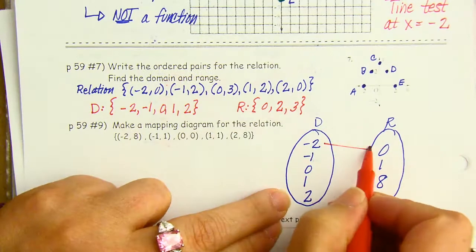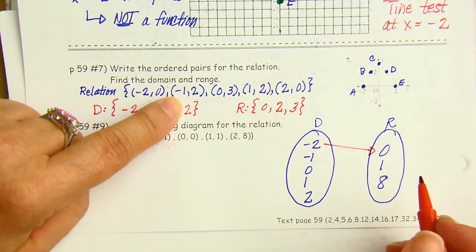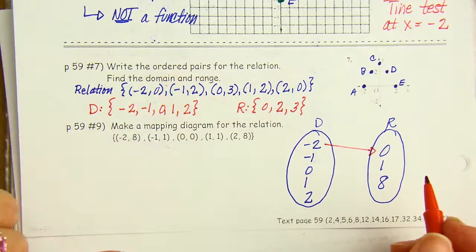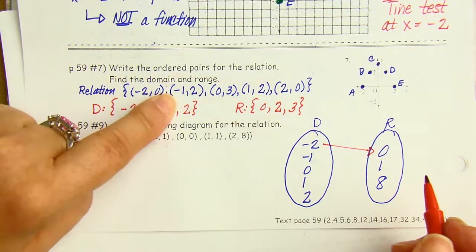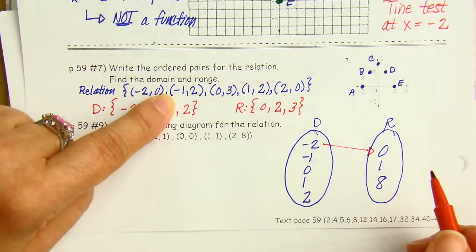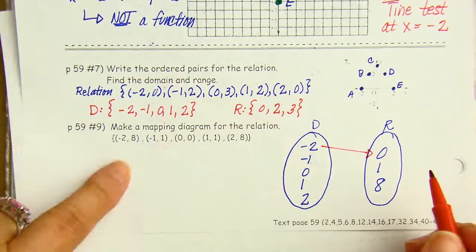-2 gets mapped to 0. -1 gets mapped to 2. Why do I not have, oh, I'm up here. So this is a mistake.